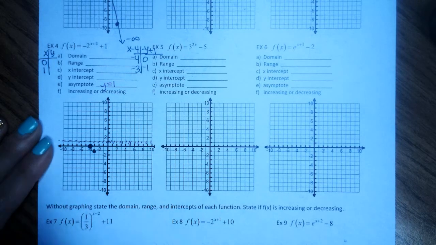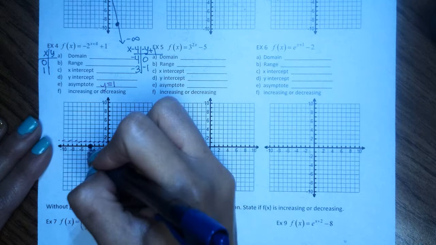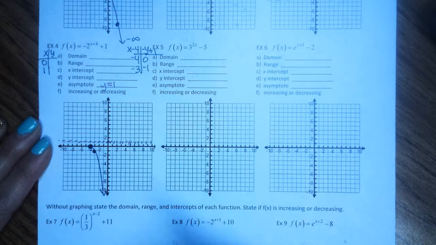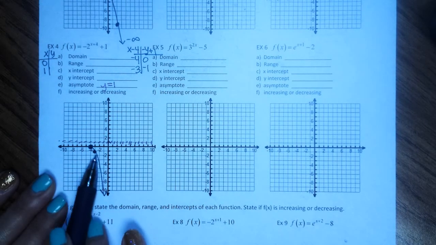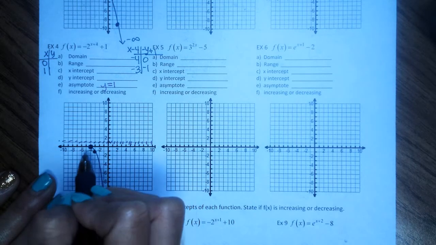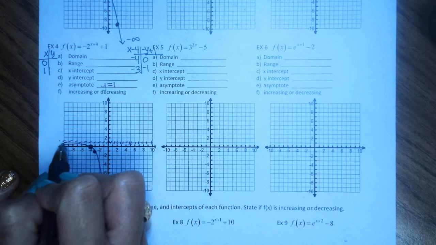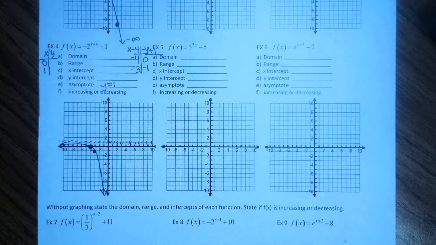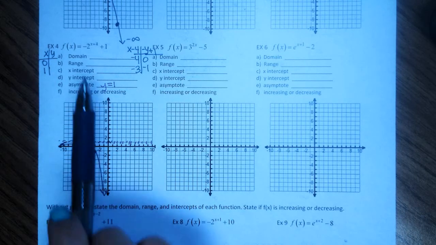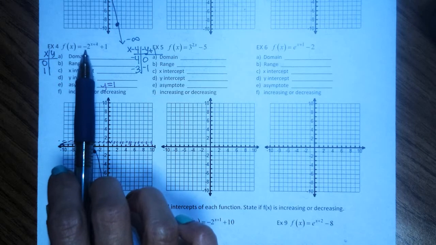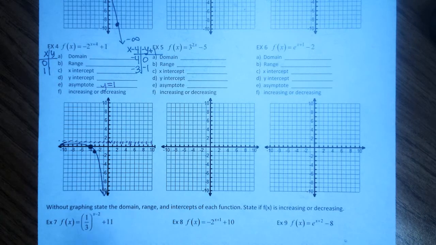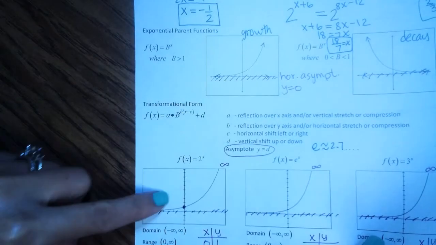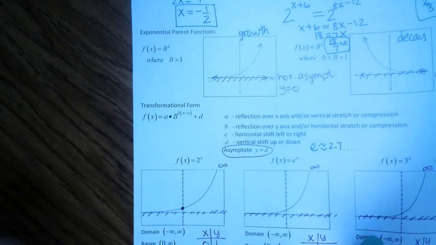You can put a third point if you want to, as I did on the answer key, but this is just going to go this way. So to the right, the graph is just going to keep going towards negative infinity, and then to the left, it's going to be going that way. I know the graph is going down towards negative infinity because there's a reflection over the x-axis. So you would just take the parent and then reflect it over the x-axis.